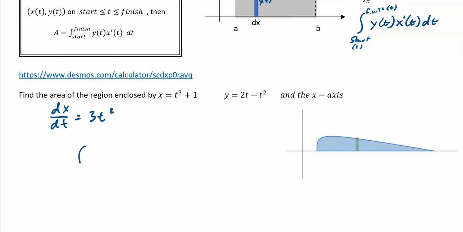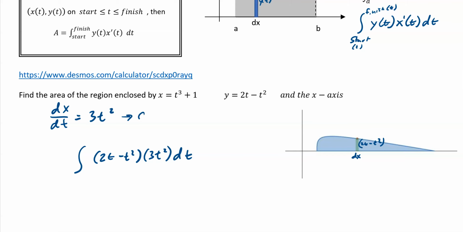And so now we can go the integral from start to finish of y and x prime. So 2t minus t squared times 3t squared, and now dt. So this is our dx right here, and then this is our 2t minus t squared right there.